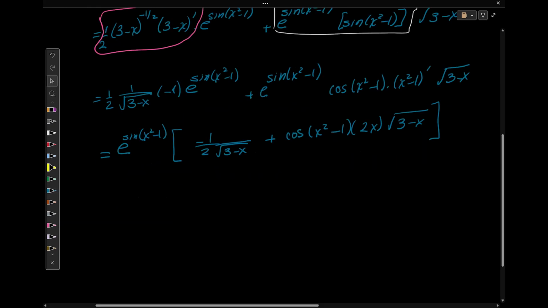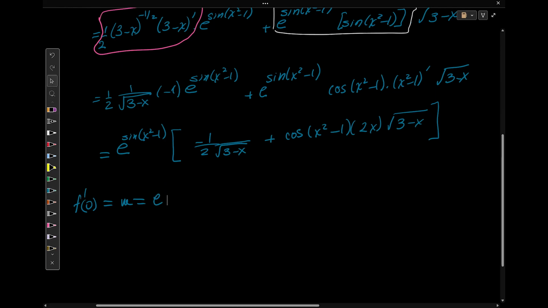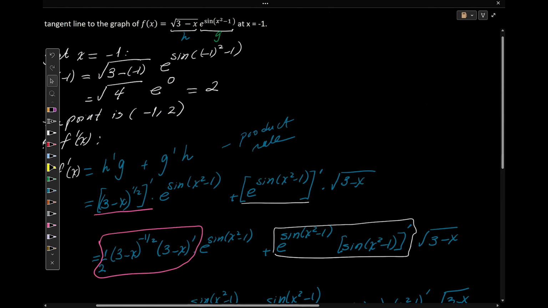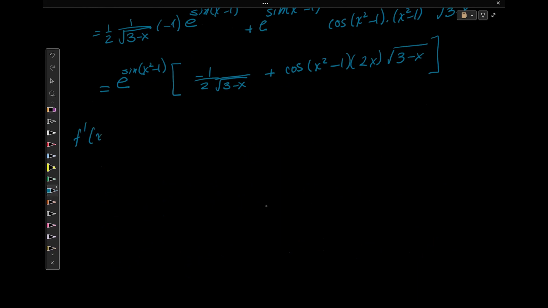Now, f prime at 0. Find me the slope at x equals 0. So here we have e to the 0 because, again, let's explicitly put it. Sine 0, sorry, x was minus 1. X was negative 1. So at negative 1. I need to find the slope at negative 1.